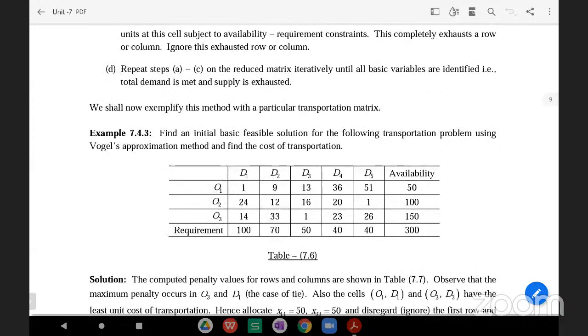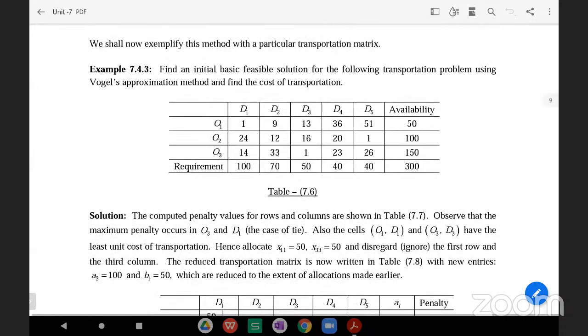Okay, now I will go for the Vogel approximation. Does anyone have any doubt in the northwest and least cost methods? Please ask me. No, sir. Okay, fine.